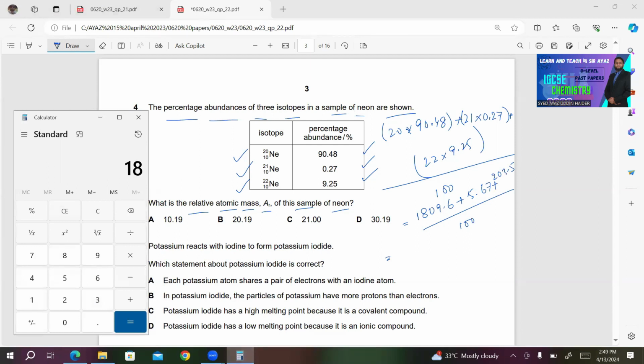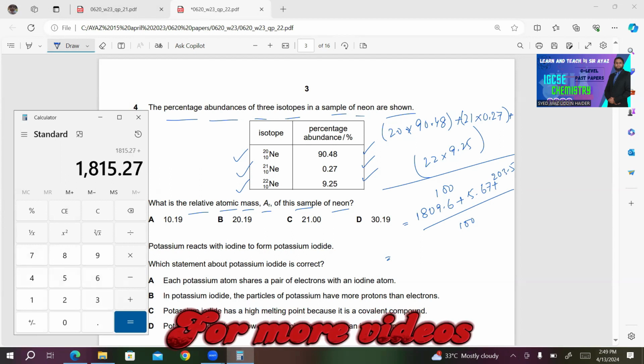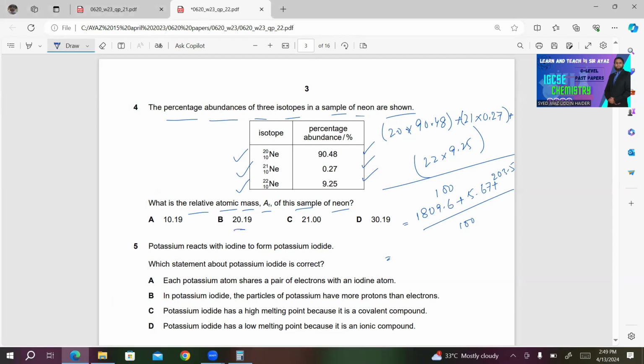So 1809.6 plus 5.67 plus 203.5 divided by 100. So 20.187, it must be B.